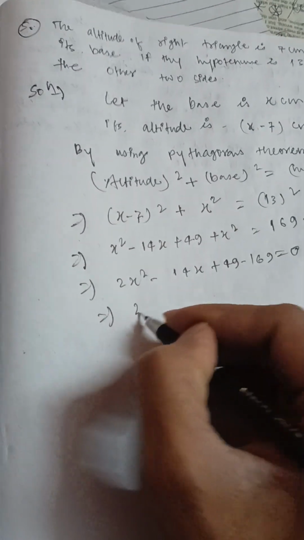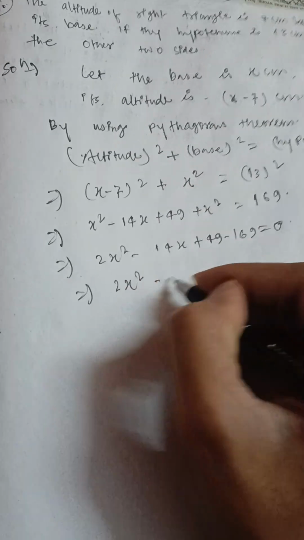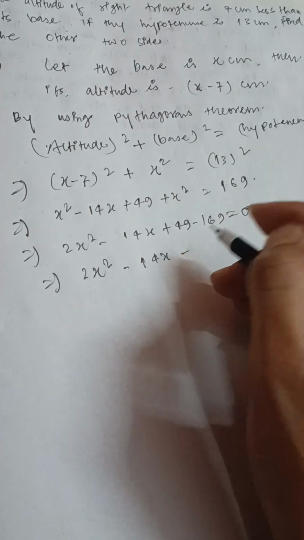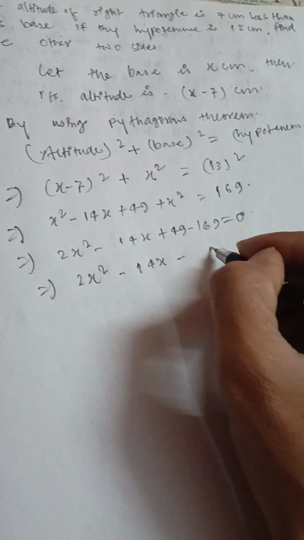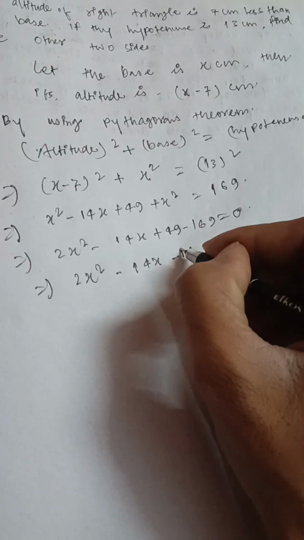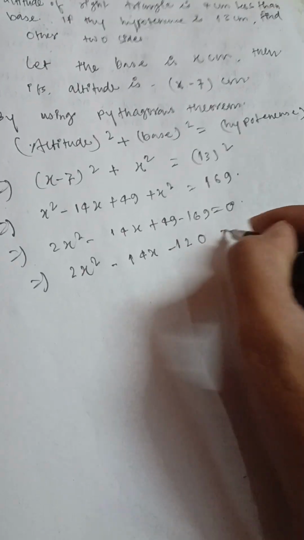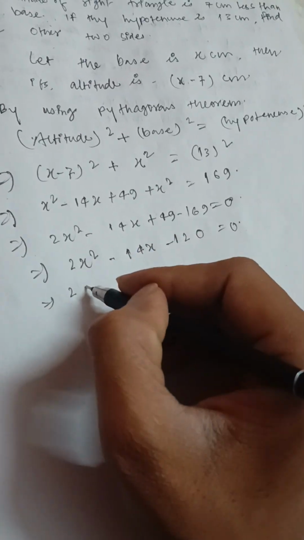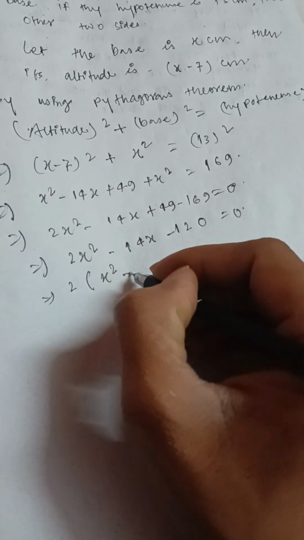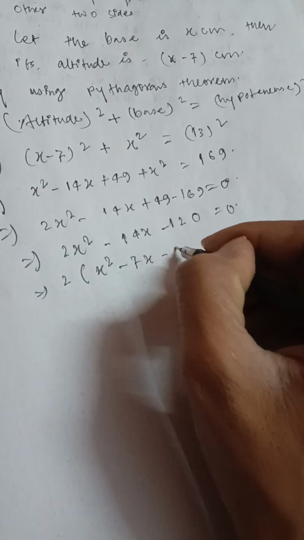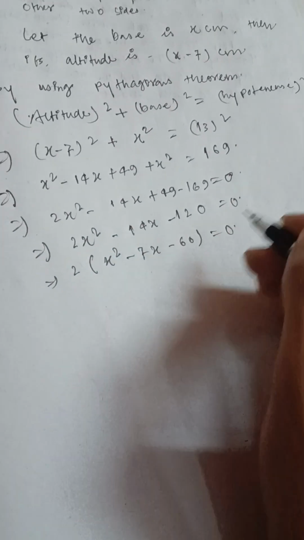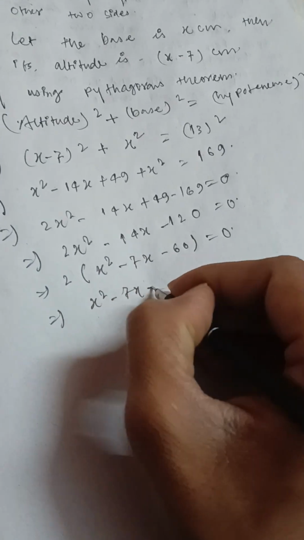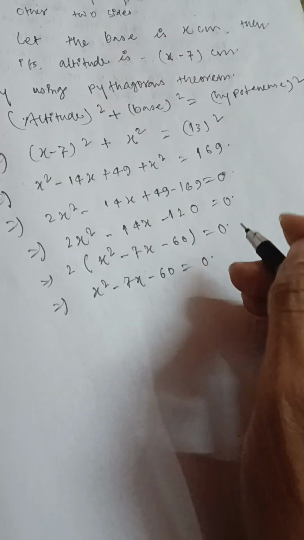Then 2x square minus 14x minus 120 equal to 0, and taking 2 common, x square minus 7x minus 60 equal to 0.